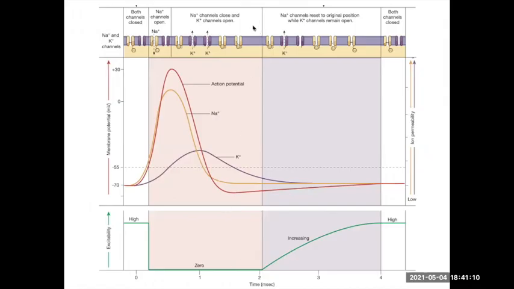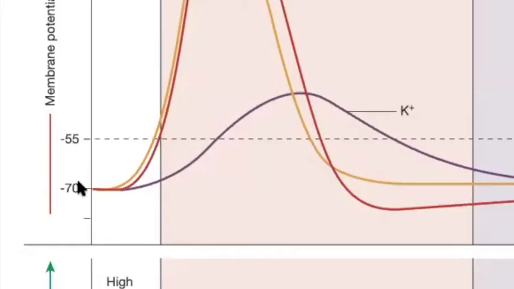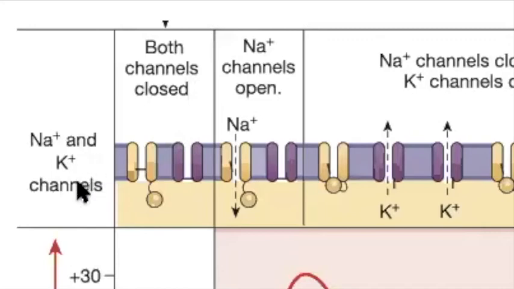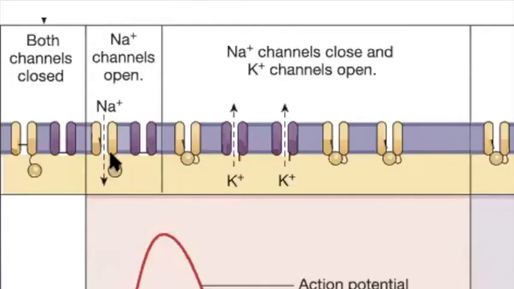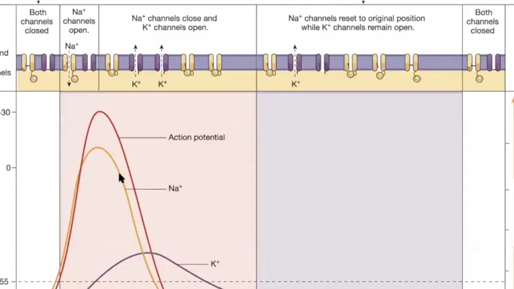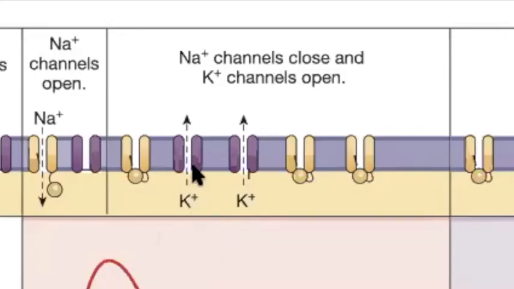So here's a similar graph. You have the -70, where both channels, sodium and potassium, are closed. At the depolarization event, that graded one, it reaches its threshold, sodium channels open, causing this big spike for sodium. During that period, potassium channels open. And then what do you have?